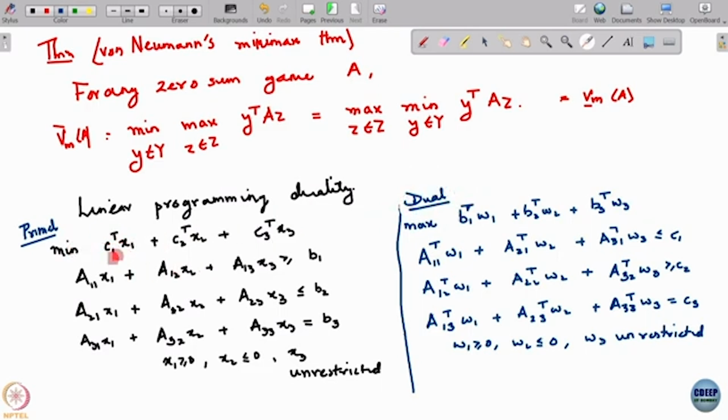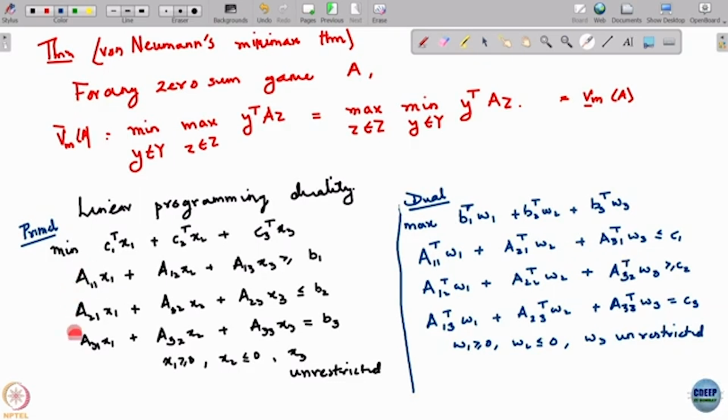The coefficients of the objective in the primal actually form the right hand side of the constraints of the dual. The coefficients of the objective of the dual are the right hand sides of the constraints of the primal. Okay. And if you look at the coefficients on the left hand side of the constraints in the primal and the ones in the dual, they are actually transpose of each other, right.